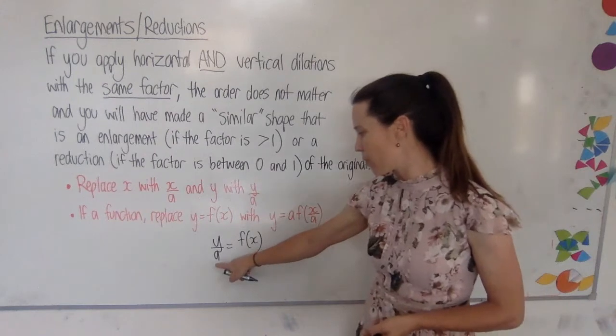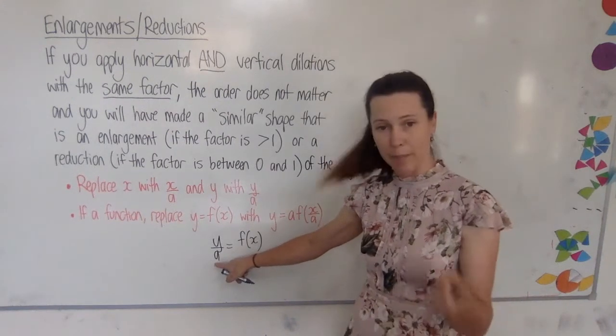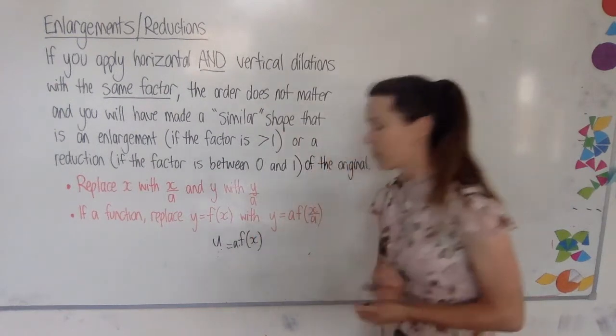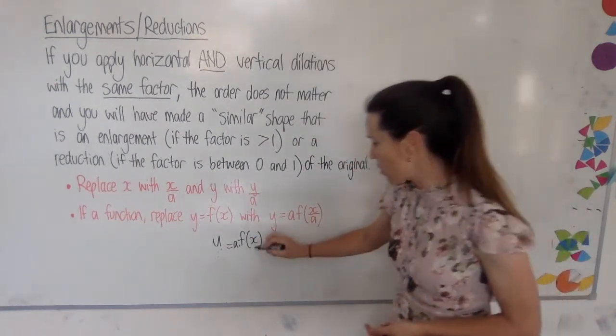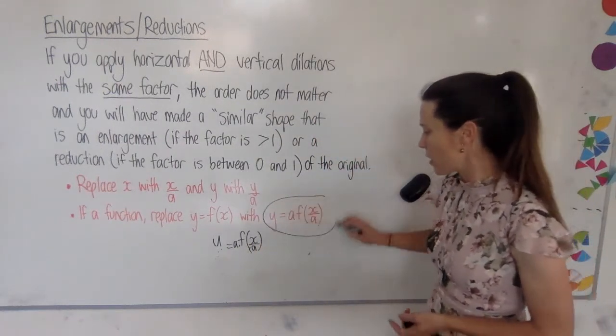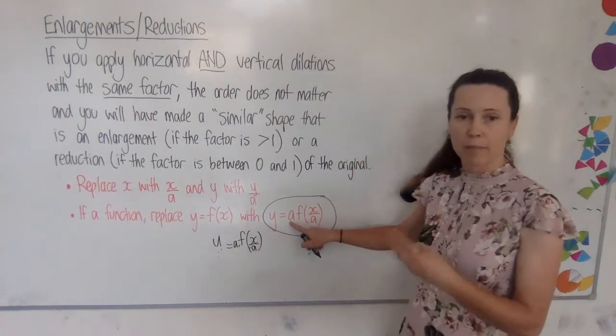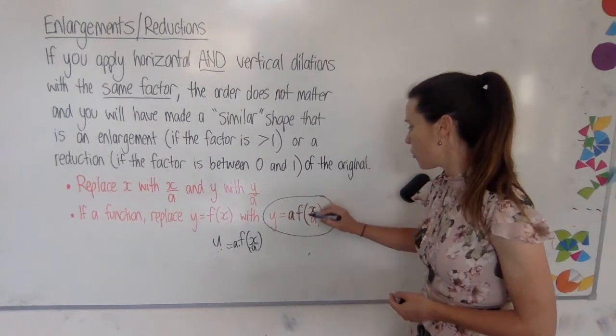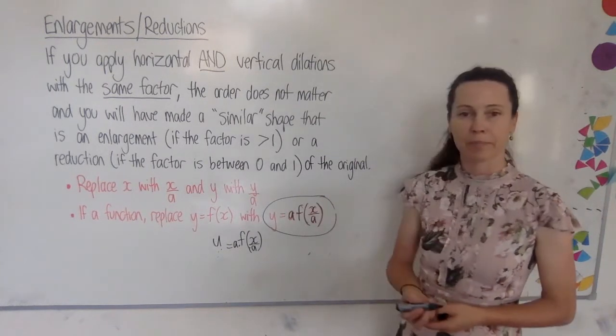That's why we saw that it would make more sense to multiply both sides by a, and that gives you the a over here in front of the f of x. But if you've also changed the x to x over a, that's what gives you this here. y equals a multiplied by the function of x over a.